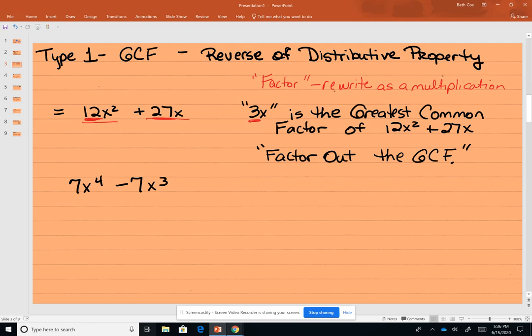Now, for the variables, it's very easy. All right, so for the variables, you take the least power or the smallest exponent on each common variable.